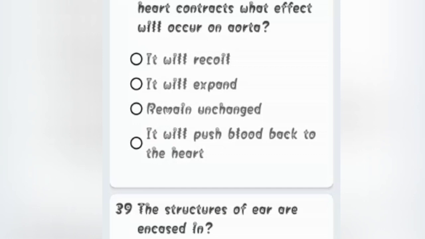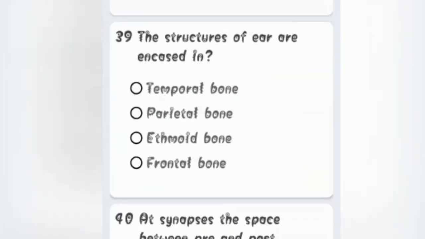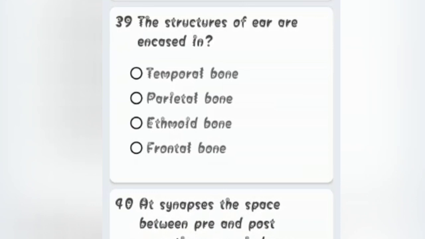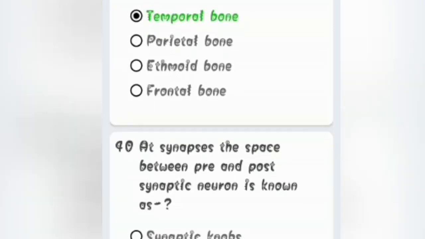The answer of this question will be option B, it will expand. Next question 39. The structures of ear are encased in option A temporal bone, option B parietal bone, option C ethmoid bone, and option D frontal bone. The answer of this question will be option A temporal bone.